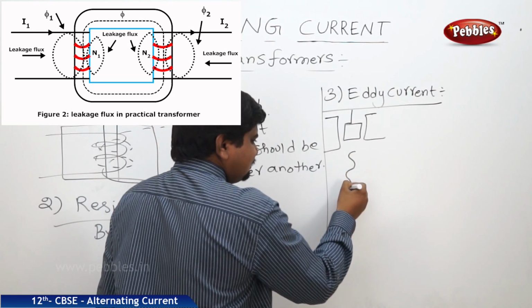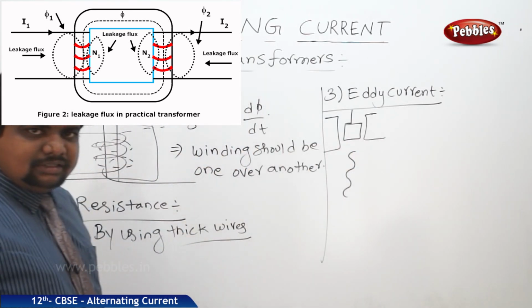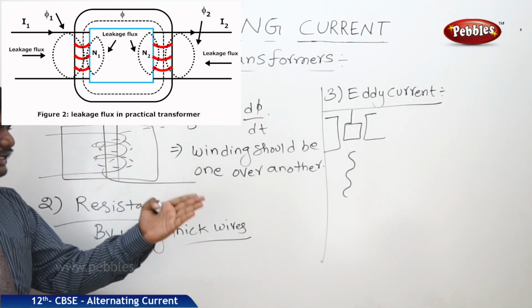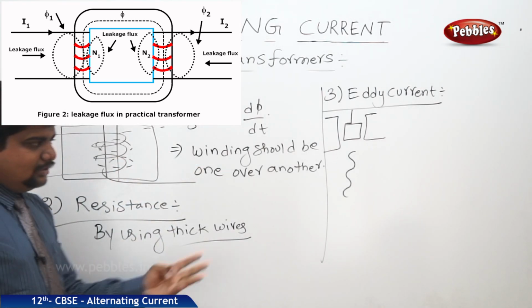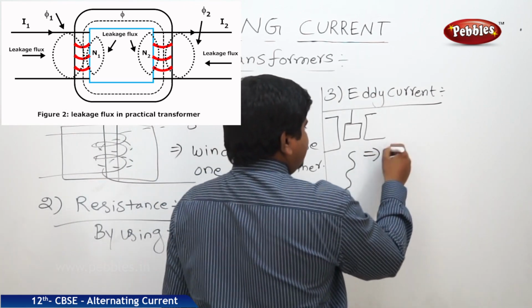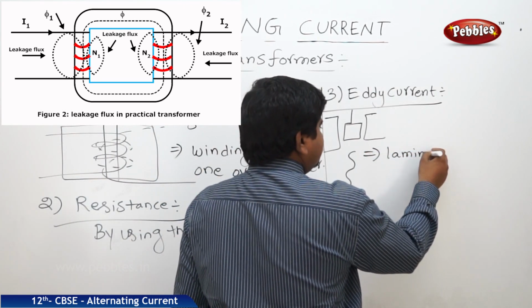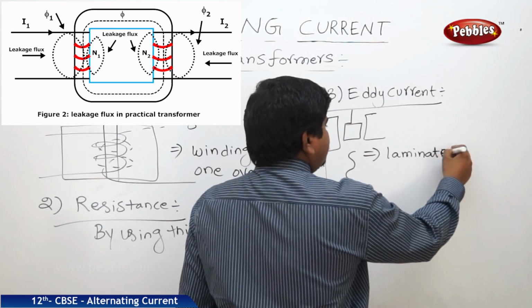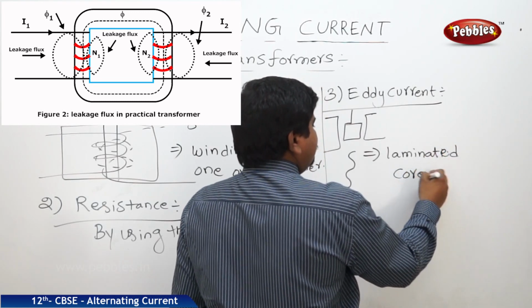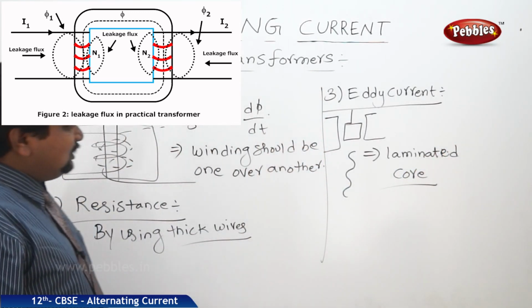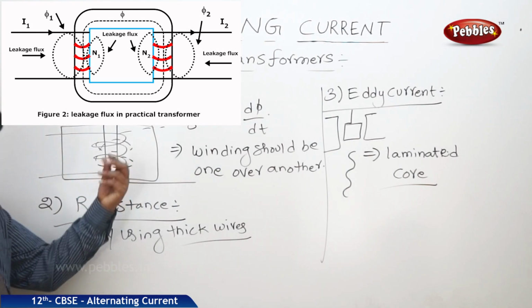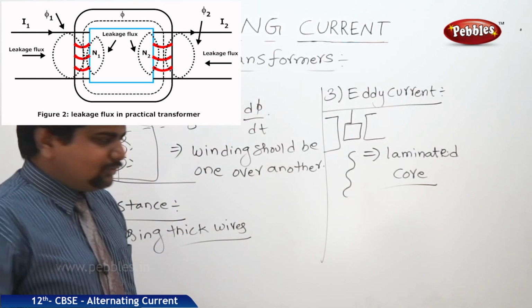This is eddy current. How to remove these eddy currents in this metal core? By arranging the lamination of the core. If the core is laminated, there is a much more effective reduction in the eddy currents.